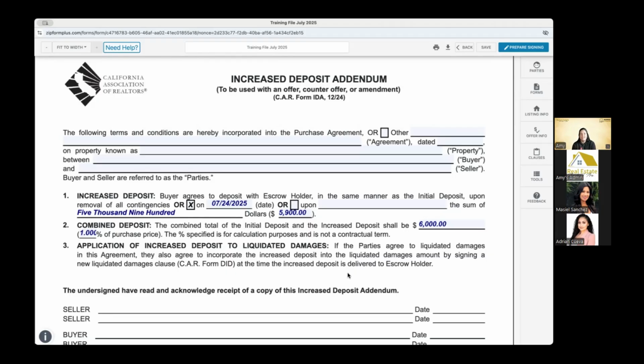The liquidated damage clause states that in case of the buyer's breach of contract, where the buyer is in default and cancels out of breach, the seller gets either the deposit or 3%, whichever's less. So just keep that in mind as well.